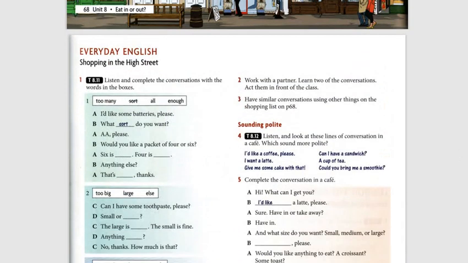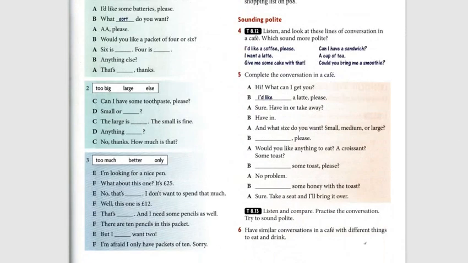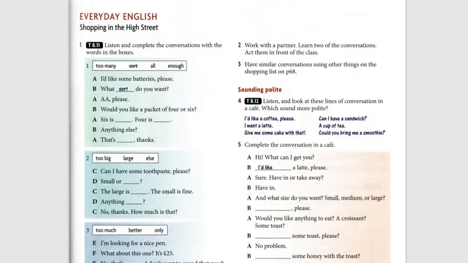So about this task or about this activity, we have to work in pairs with our friends, with colleagues, work with a partner, learn 2 of the conversations, act them in front of the class.